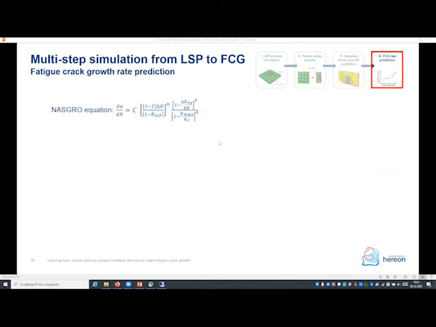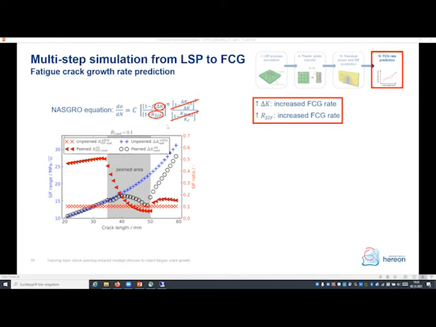And then I can calculate the fatigue crack growth rate with the NASGRO equation, where I don't need the last two terms because we are not in the fracture toughness or threshold regime. So these are the inputs, the stress intensity factor range and ratio as calculated in the slide before.